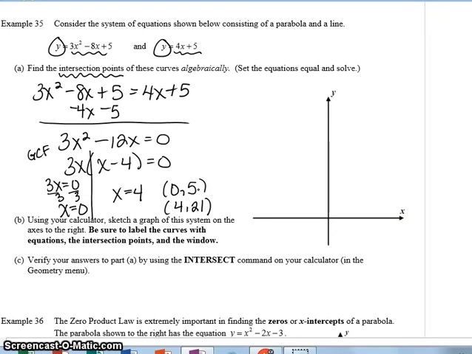All right, now I did use my table of values to help me graph this. Basically, count 1, 2, 3, 4, 5. There's 5. So I know (0, 5) is on there. Then just put your 3x squared minus 8x plus 5 in your calculator and graph it.